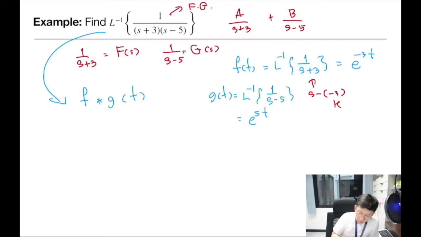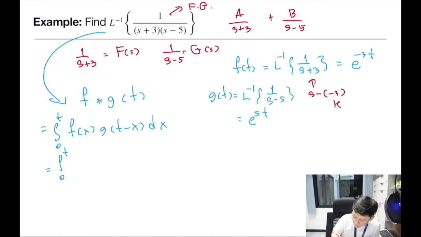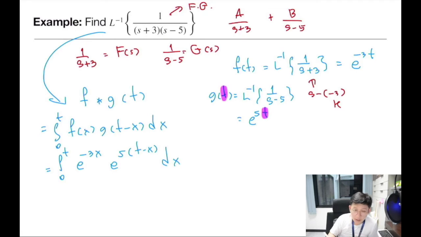Okay, so the convolution of f and g will be the integral from 0 to t of f(x) g(t minus x) dx, and that will be the integral from 0 to t of e to the minus 3x times g(t minus x), which is e to the 5(t minus x), dx. Guys, g(t) is e to the 5t, so g(t minus x) is e to the 5(t minus x).